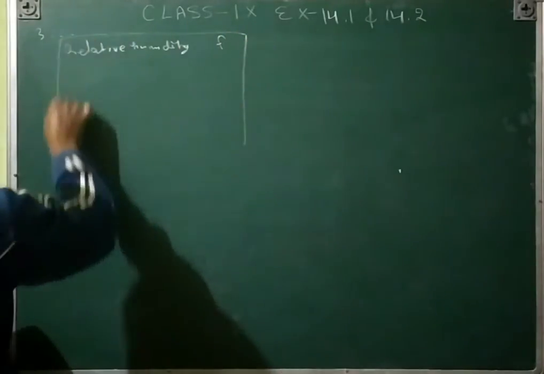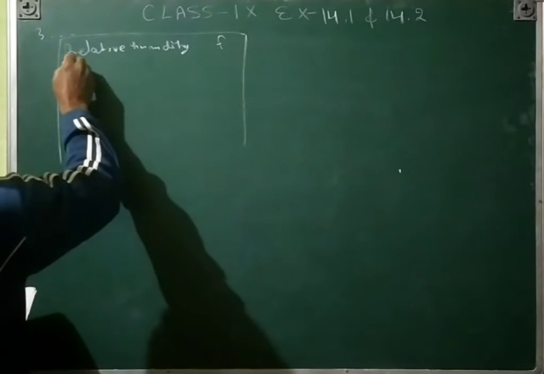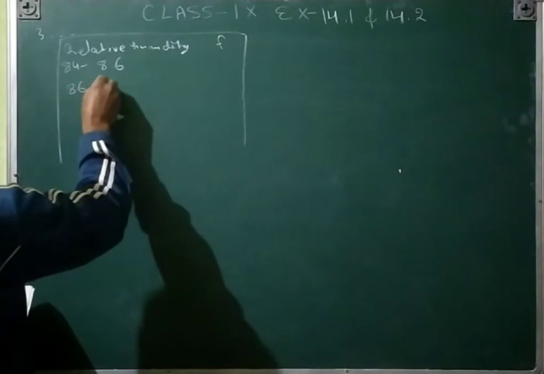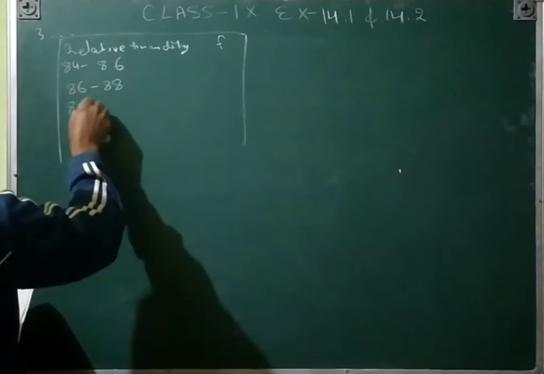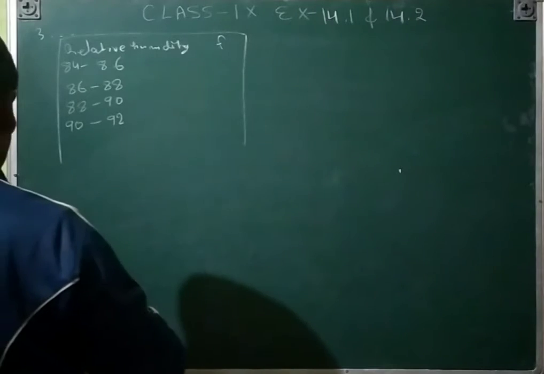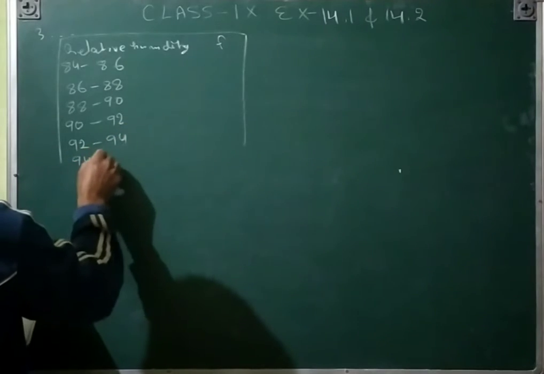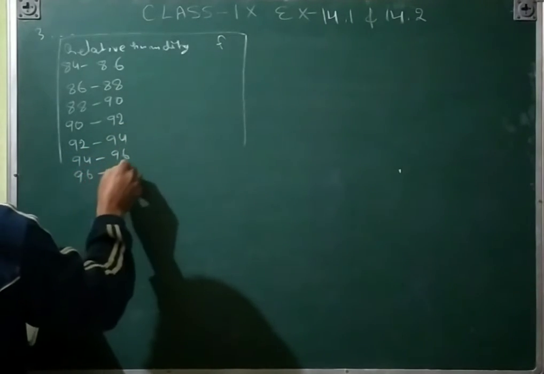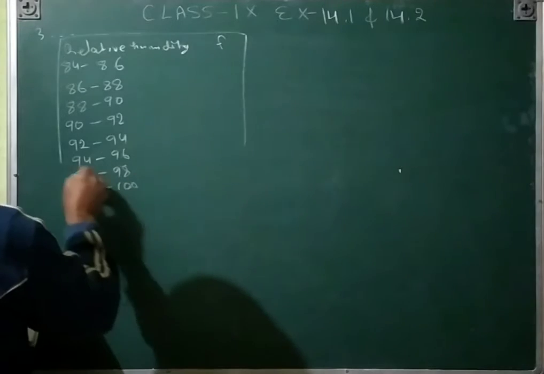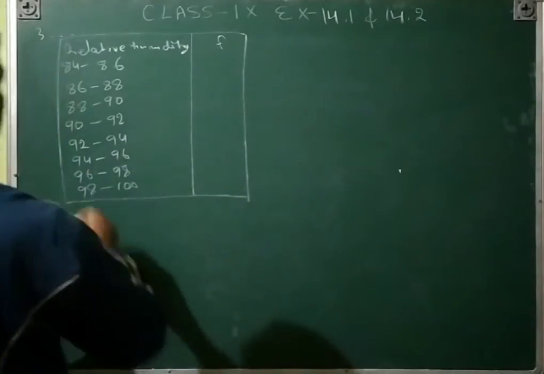And then we will start with the smallest value given, so take 84 to 86, then 86 to 88, 88 to 90, 90 to 92, 92 to 94, 94 to 96, 96 to 98, 98 to 100, because the data given goes up to more than 100.